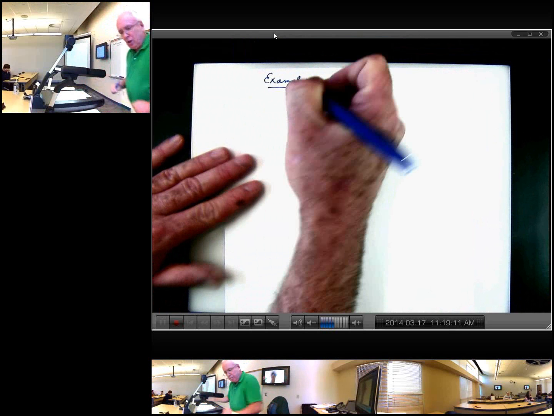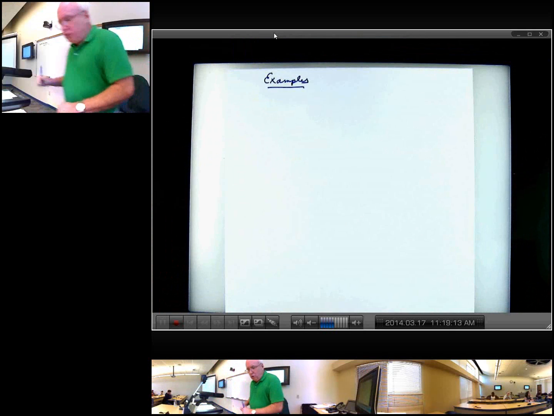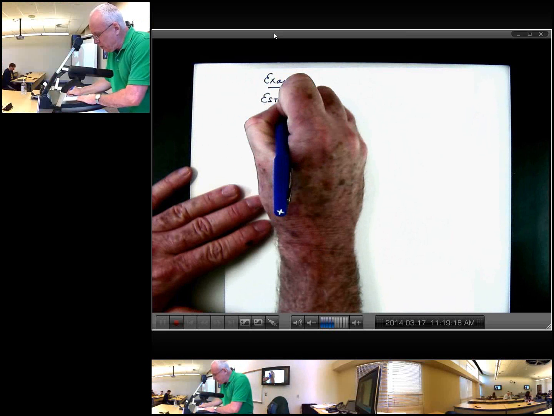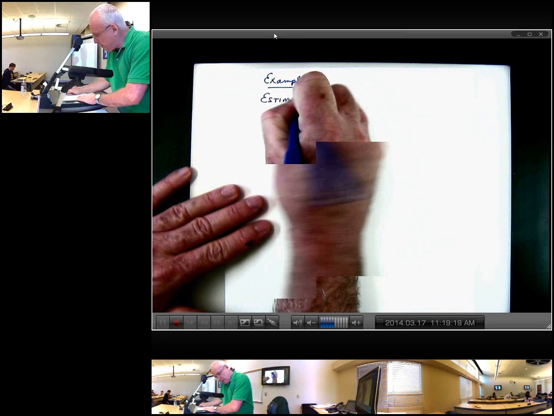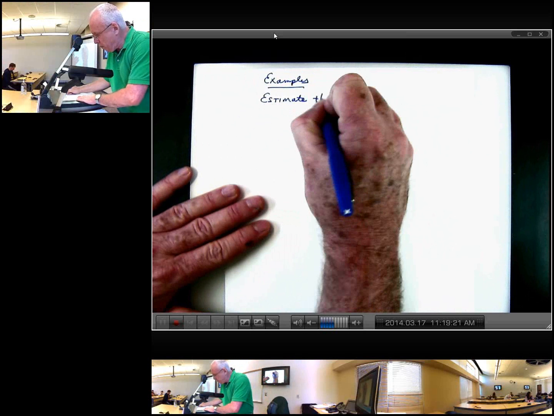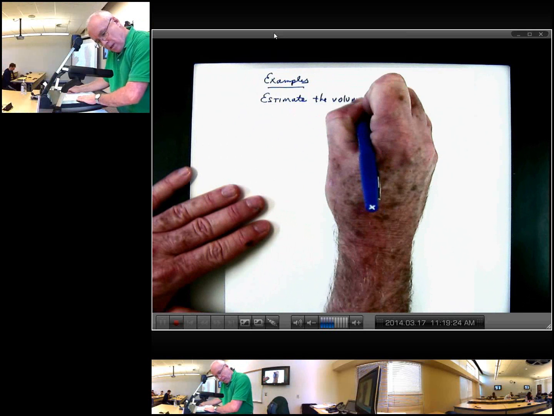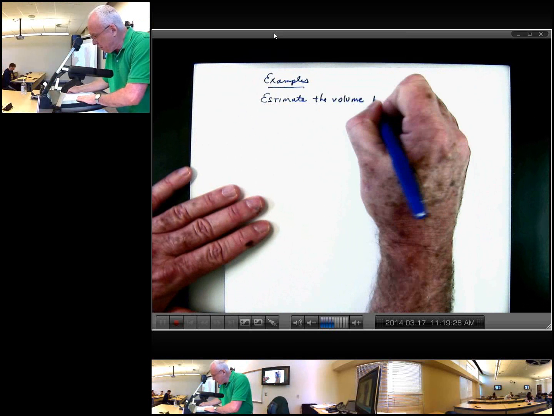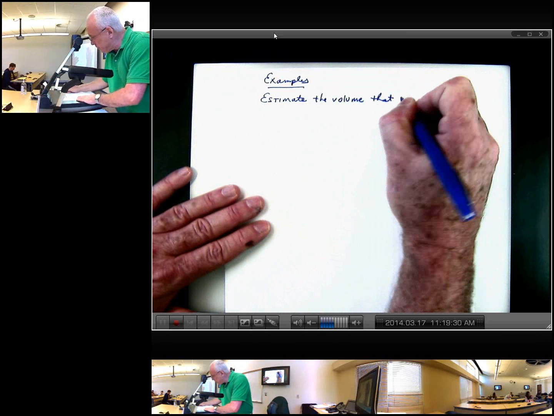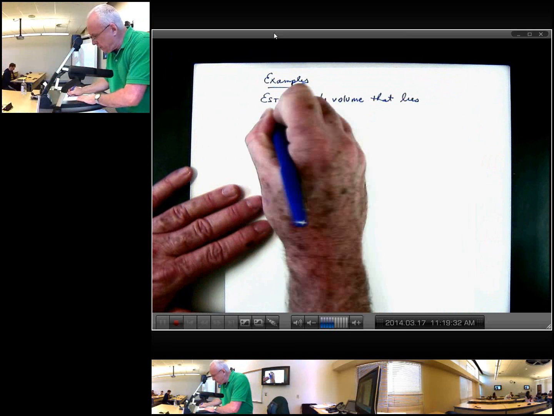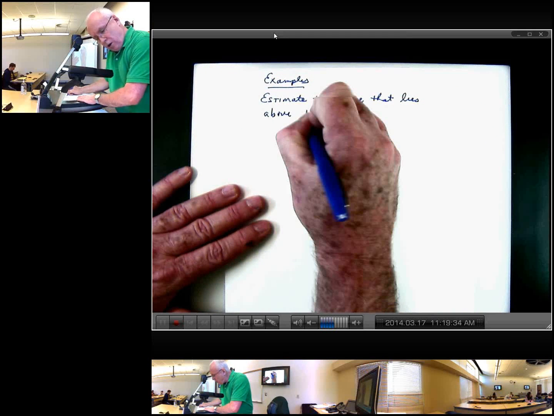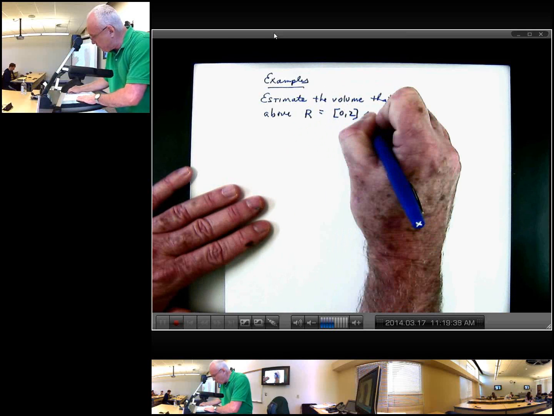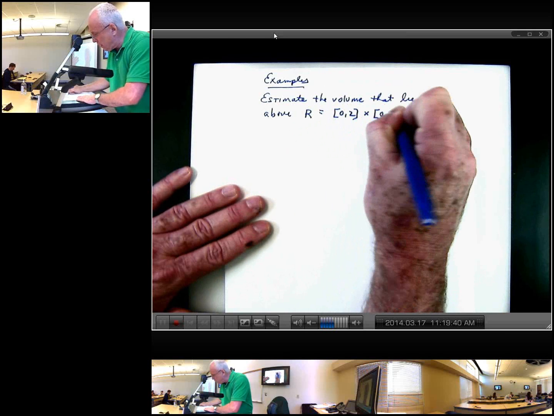What we're going to do in this first example is the following. We're going to estimate the volume that lies above R equaling 0 to 2 for x cross 0 to 2 for y.